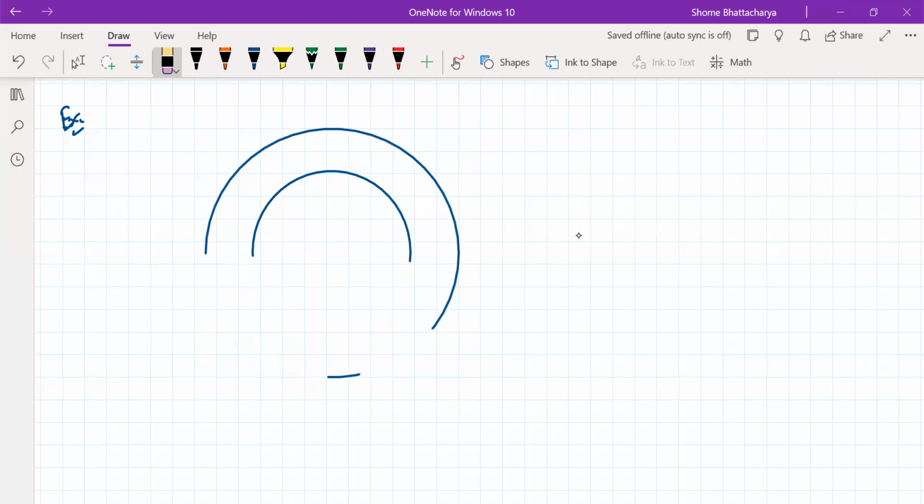It's like we have a thick ring instead of a thin ring, a thick but flat one. Or you can think of it like we first cut the disc into a semi-disc and then cut out a smaller semi-disc from it. So it's like we had a semi-disc of some radius R2, and from that we cut out a semi-disc of radius R1.